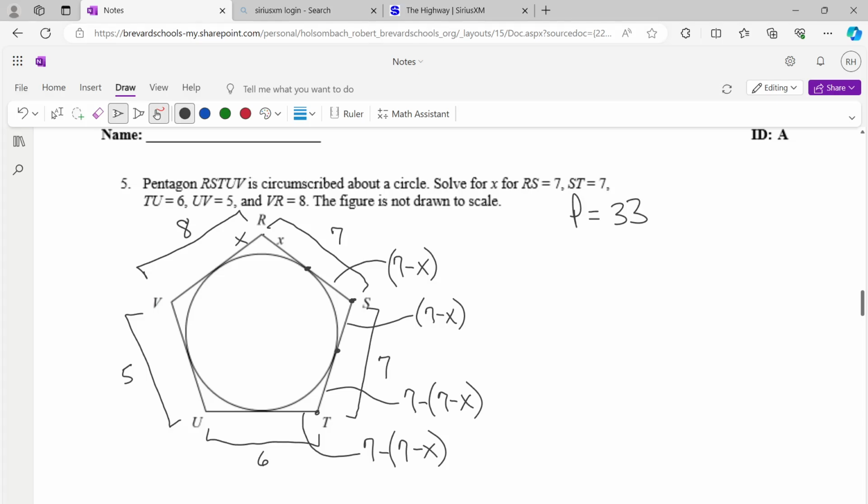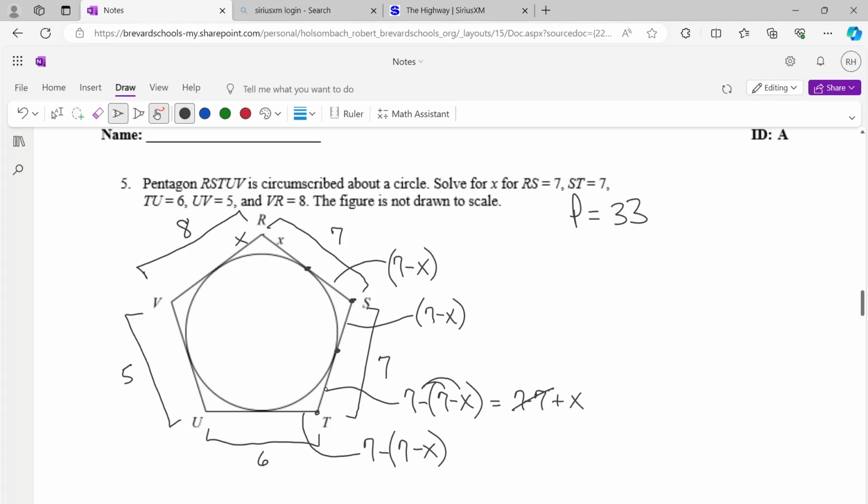Now, at this point, you want to simplify this. 7 minus a binomial means that you have to distribute this minus sign. There's really a negative 1 in front of the parentheses. So when we distribute this, we get 7 minus 7 plus x. 7 minus 7 is 0, and we're left with a positive x.